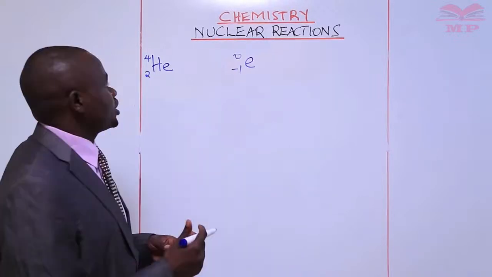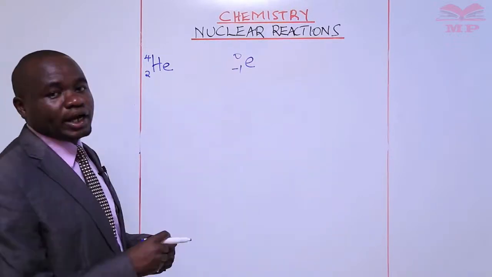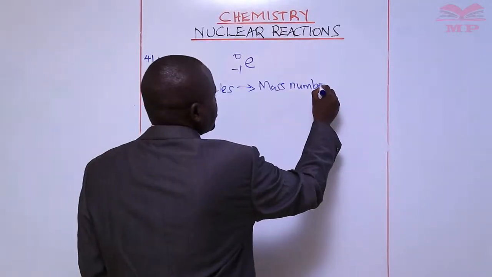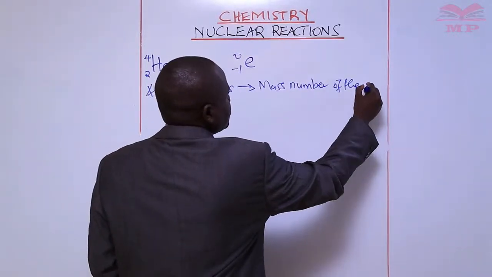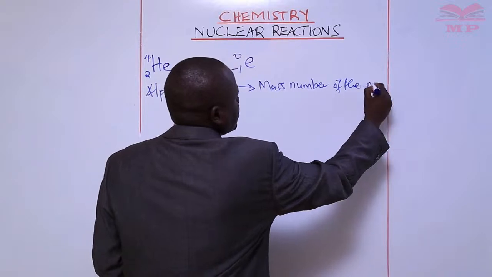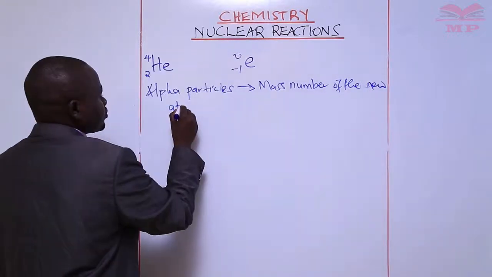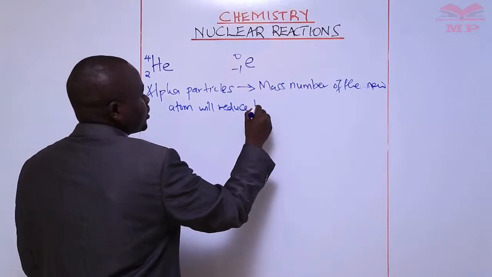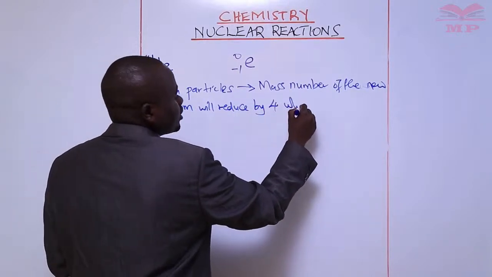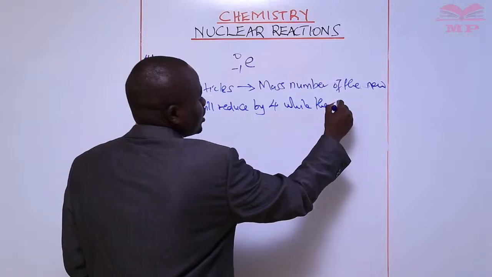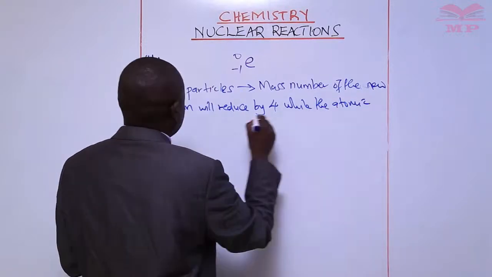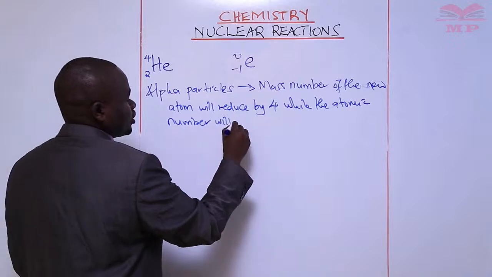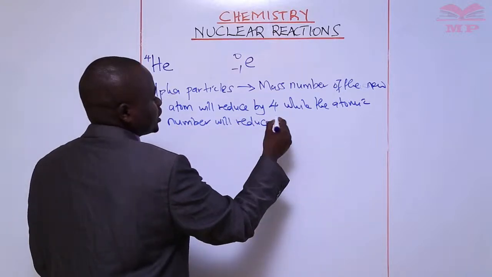When an atom decays by emitting an alpha particle, the mass number will reduce by 4, while the atomic number will also reduce, but by 2.